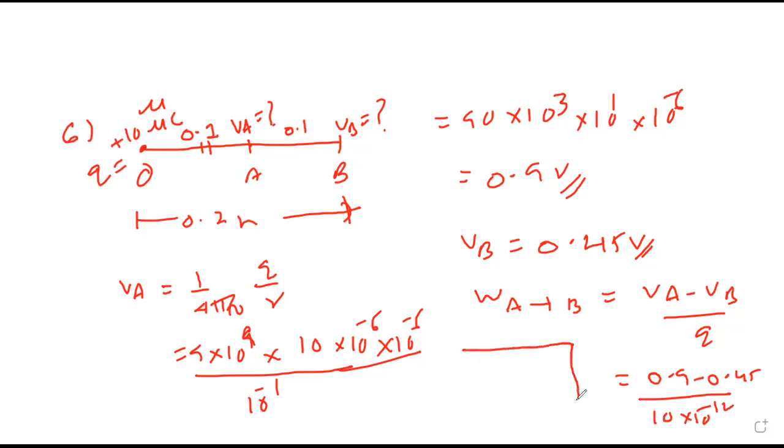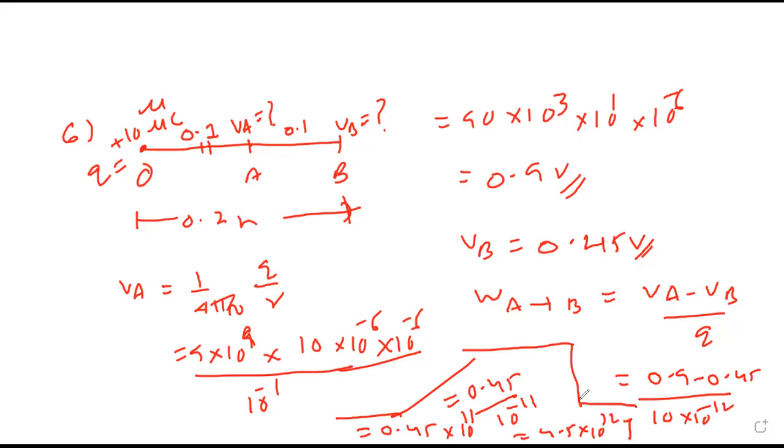So we'll get 0.45 upon 10 raised to minus 11. That will become 0.45 into 10 raised to plus 11. That is 4.5 into 10 raised to 12 joules. Okay.